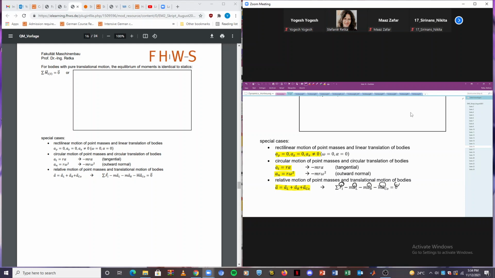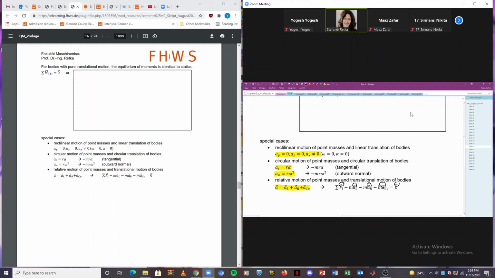Other questions? Okay. If not, we will spend some time in this chapter solving different exercises, different examples, and I think we'll do about 5 to 6 examples.